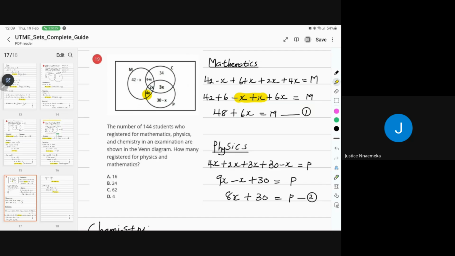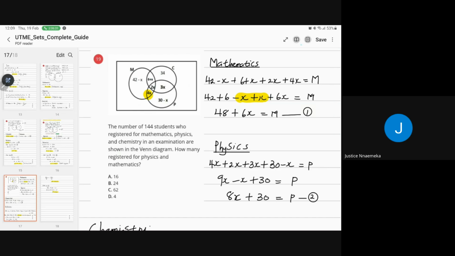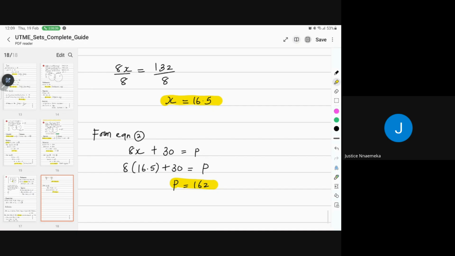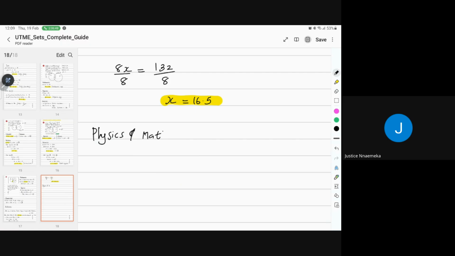So there's no need of all this thing we're solving. I didn't look at the question. I thought they said we should find physics. Sorry, that's why it's important to read the question. Always read the question so you don't waste time.